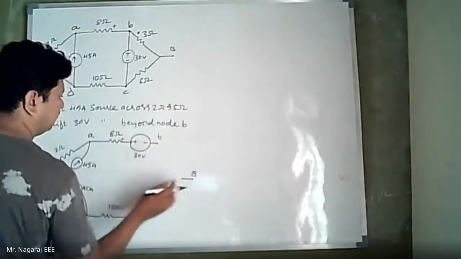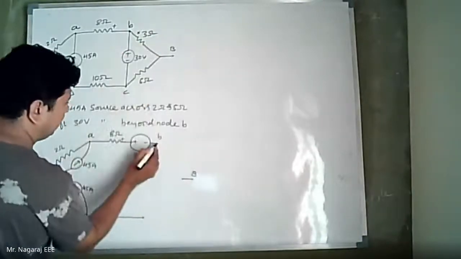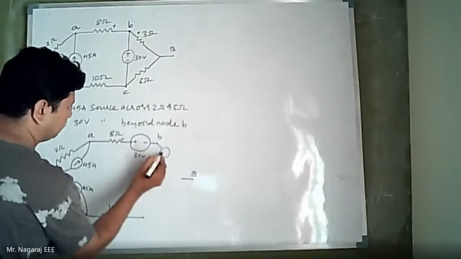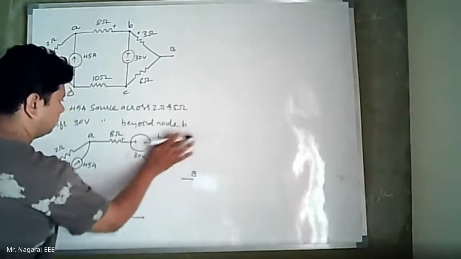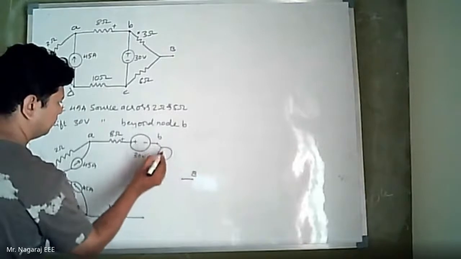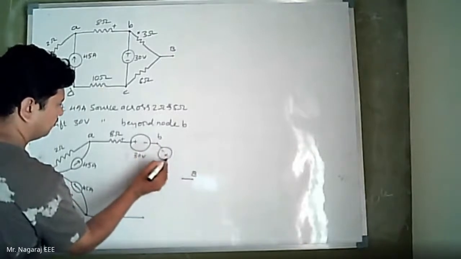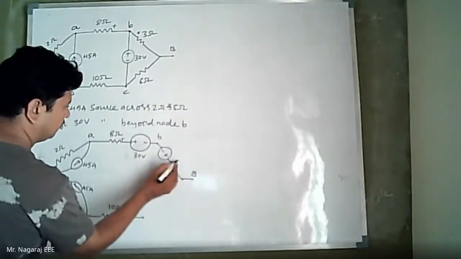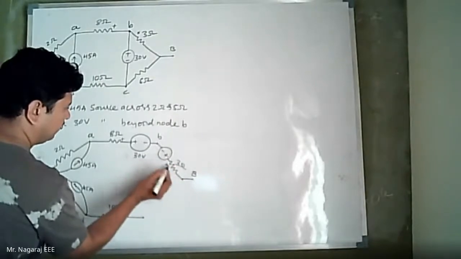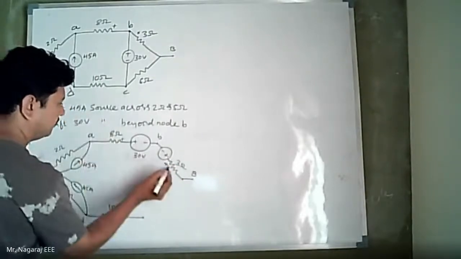Now this is node B. Now next is 3 ohm should also be at positive potential. Now this is also at positive potential.